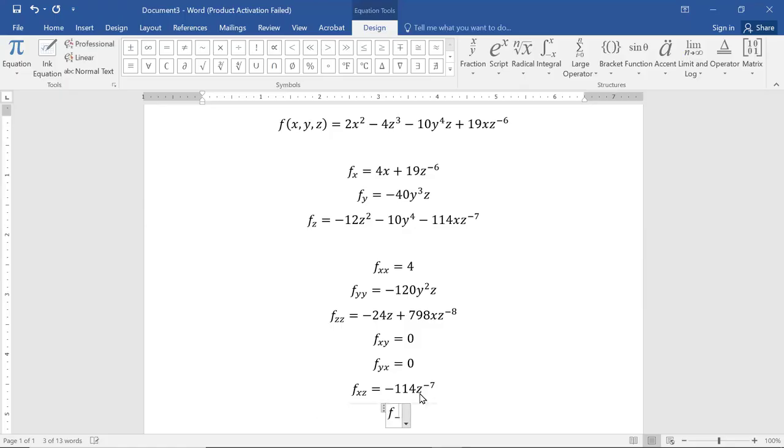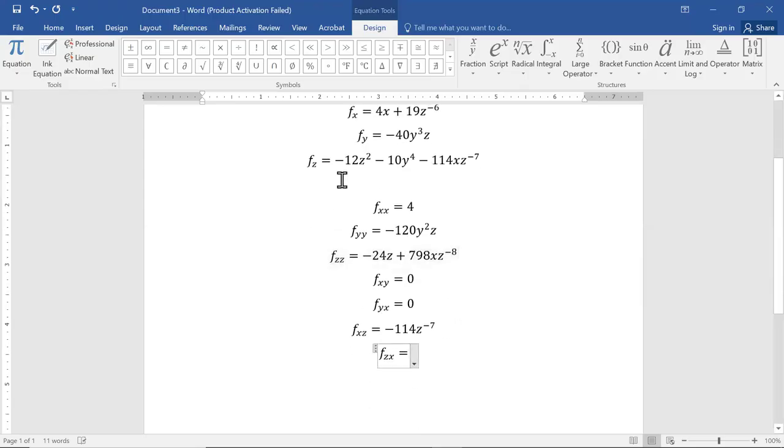You can probably guess what's going to happen if I do z then x. Derivative of f with respect to z, take a derivative of that with respect to x. These first two terms have no x in them, so those become 0 when I take the derivative. When I take the derivative of this with respect to x, the exponent of 1 on x multiplies out front. X to the 0 becomes just a 1. So I get negative 114 times z to the negative 7.